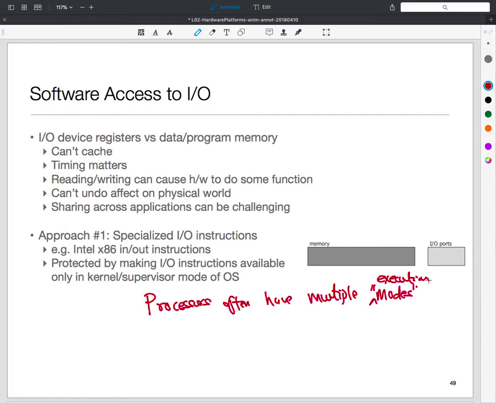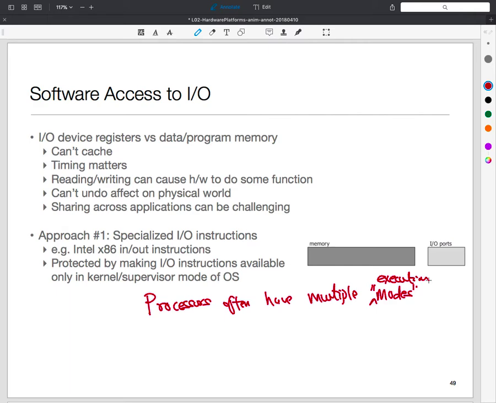For example, there are certain things which you want only the OS to be able to do. So in the so-called privileged mode or the kernel mode or operating system mode, all the instructions are available. Then there might be a mode for users, and there only a subset of instructions might be available. I/O instructions tend to be an example of that; we don't want normal programs to be messing with them.